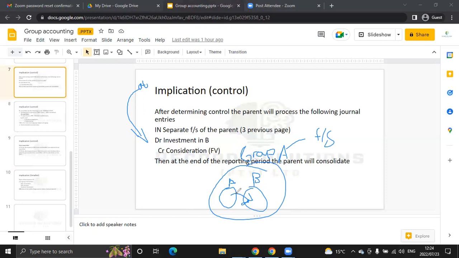Now, don't forget, A prepared its financial statements in the separate, using its own perspective, and B prepared its financial statements using its own perspective. When you prepare these consolidated financial statements, it becomes a bit complicated, because the way A and B record things is not the same as what will happen on a group level.